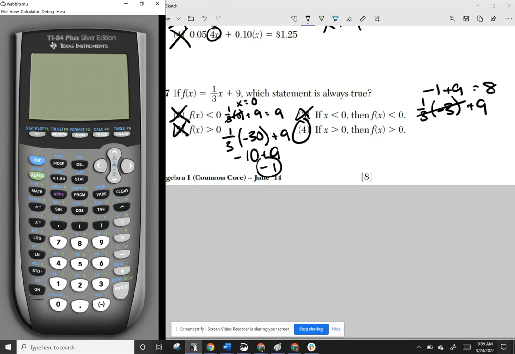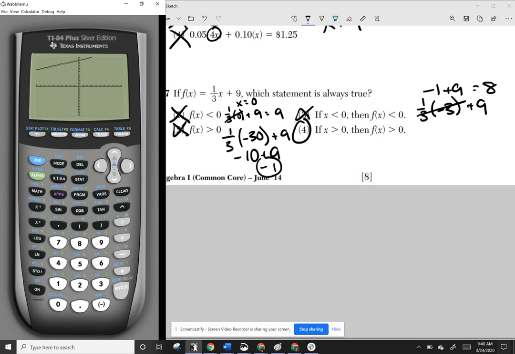We could also look at this as a graph, which might be helpful. Let's do y equals 1 divided by 3, x plus 9. Let's go to the graph. And it looks like we're not seeing the whole thing, but this is linear, so we know this graph is just going to continue going up in this pattern.